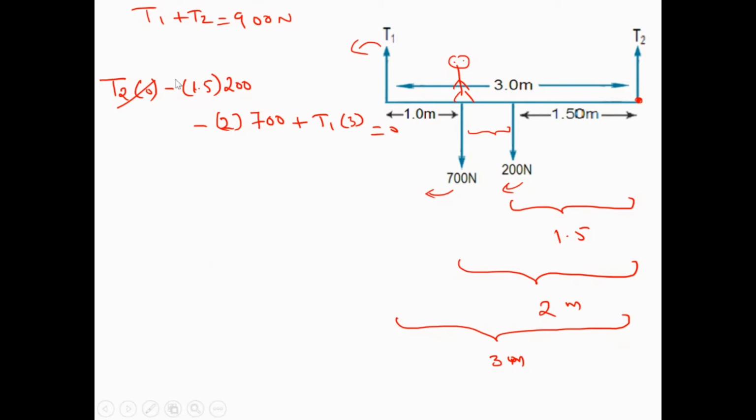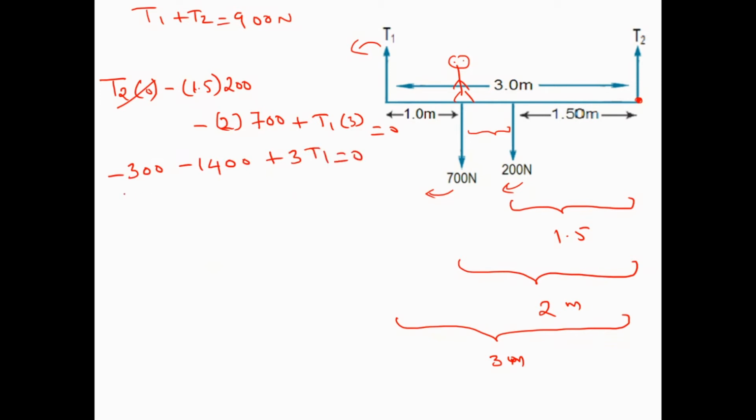But here 1.5 multiplied by 200, we got 300. So minus 300, minus 2 multiplied by 700, which is 1400. So minus 300 minus 1400 plus 3T1 is equal to 0.